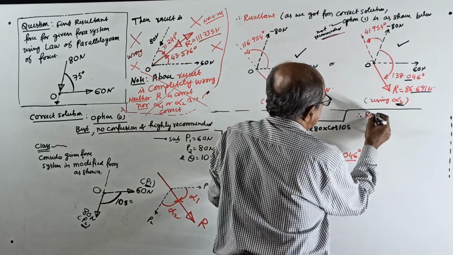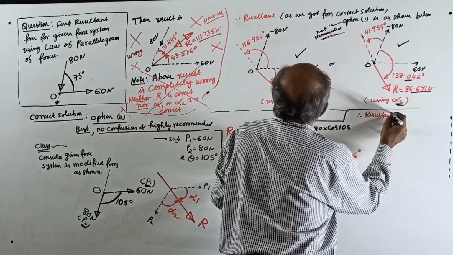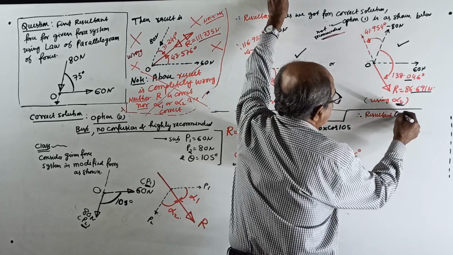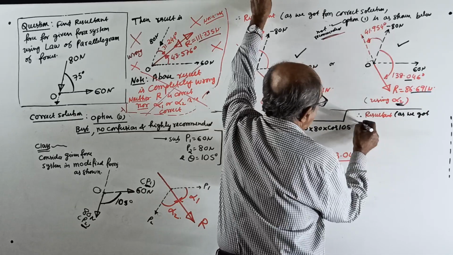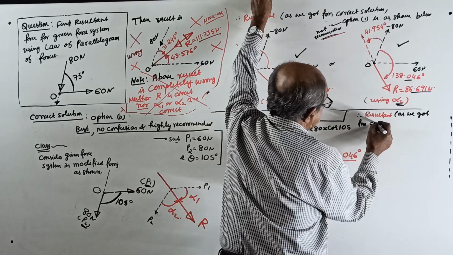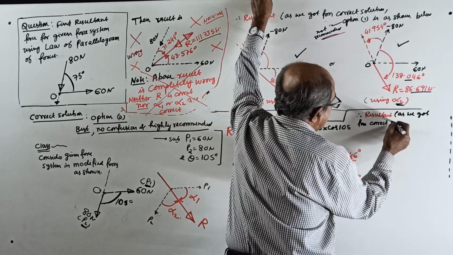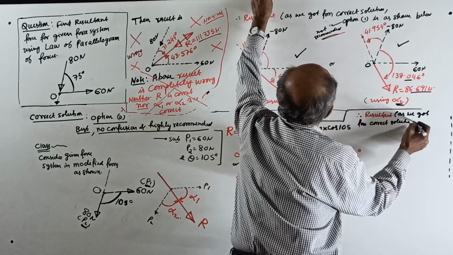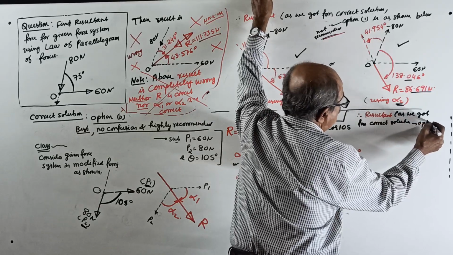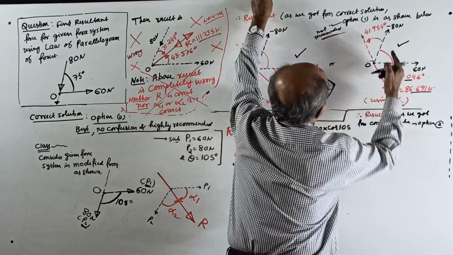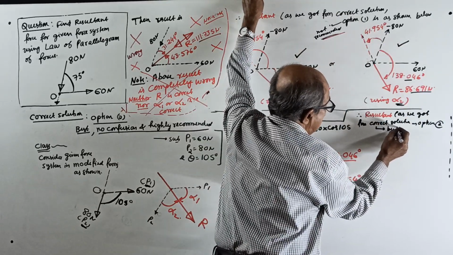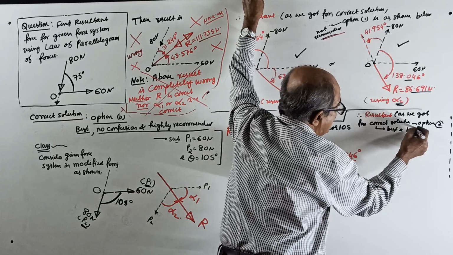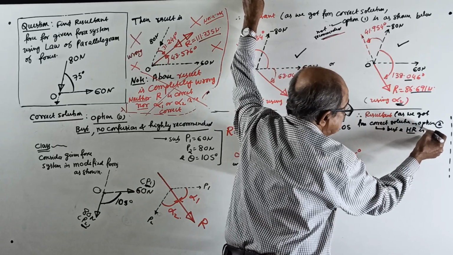Resultant, as we got, actually I got, you still have to get it from the correct solution. But option 2, which I told is not recommended. Right here, the best and highly recommended is as shown below.